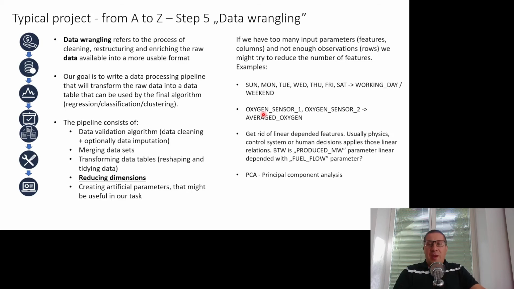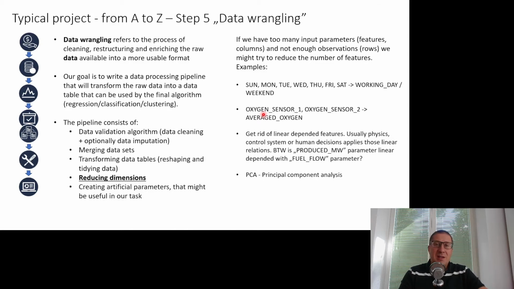If we have too many input parameters or features, as we call them, or columns, if we look at the data table, and not enough observations, as you remember, each row is one observation in the tidy data, we might try to reduce the number of features.